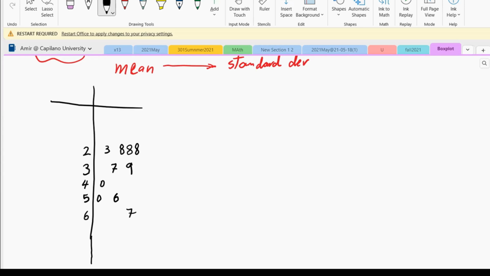Then 51. The next number is 45. The next number is 44. The next number is 65. 61. 27.